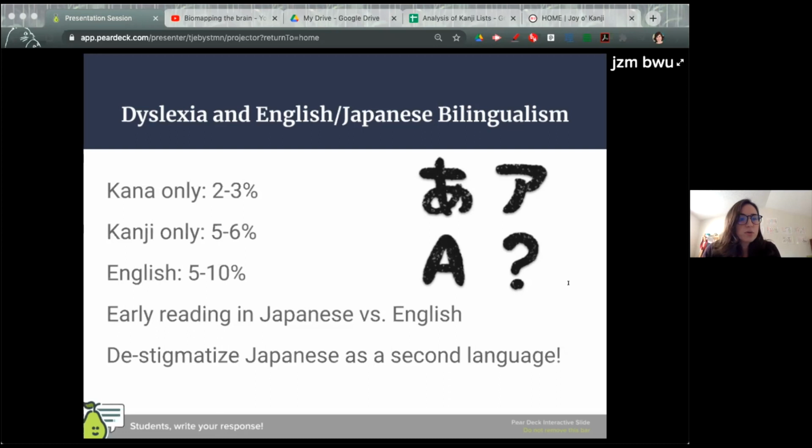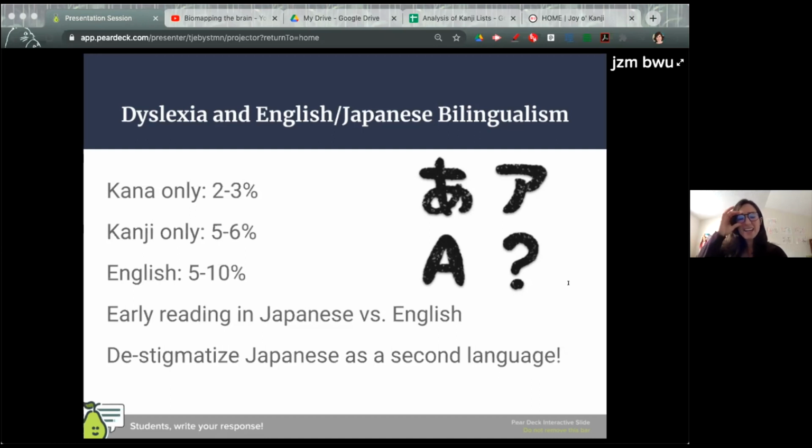Okay, so when native speakers of Japanese, young speakers of Japanese, are reading and trying to decode, and they're only using kana, the symptoms of dyslexia are only showing up in about 2 to 3% of readers. And you can see in native speakers of English, it's showing up in 5 to 10% of readers of English.